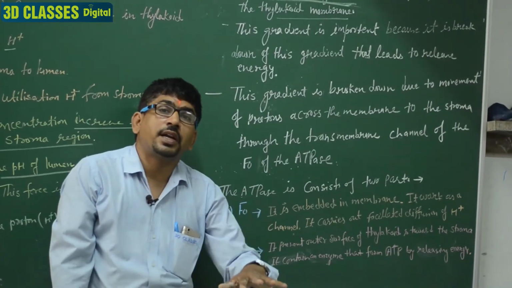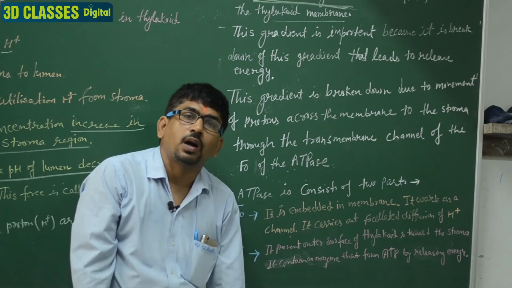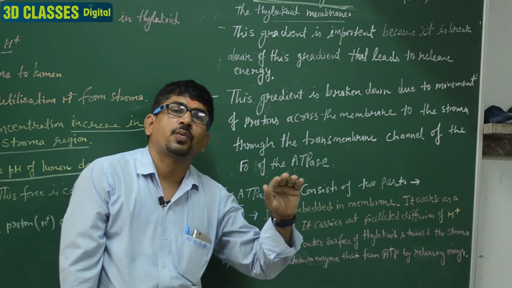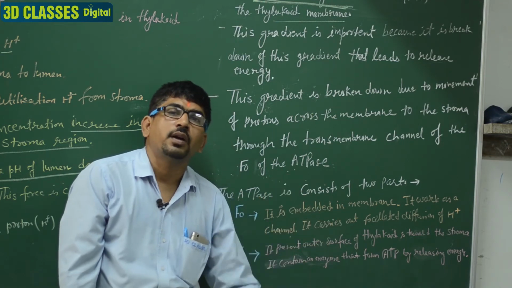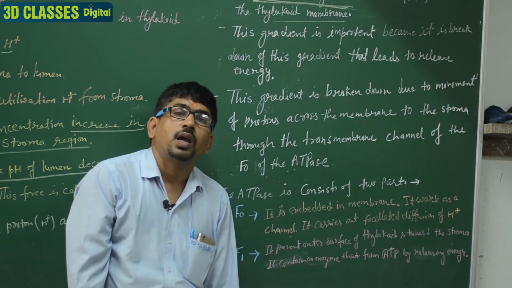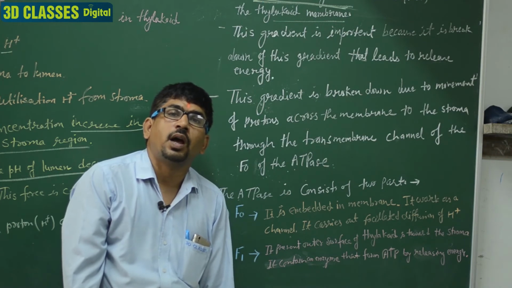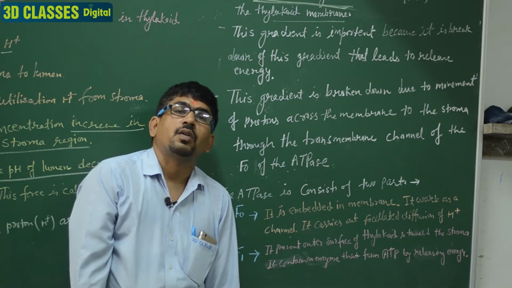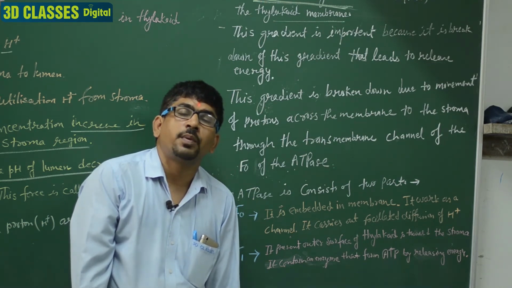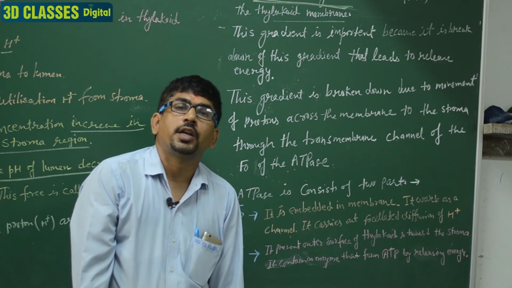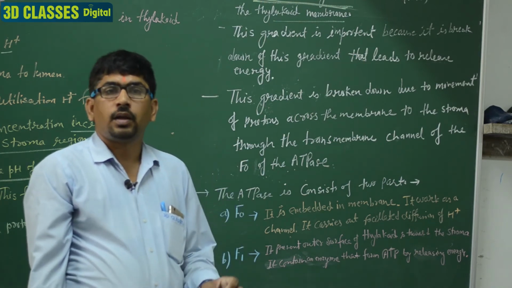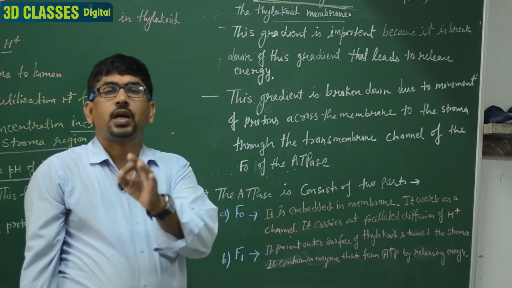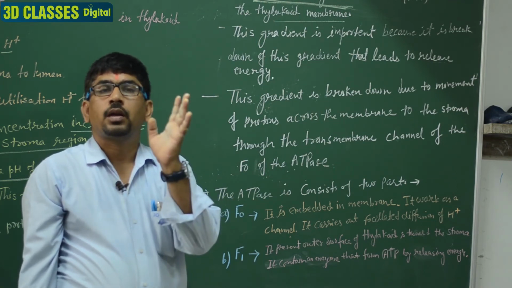When this gradient breaks down, it means the PMF, due to the PMF the protons move inside to outside, they will be sent out, and energy is released. This energy is utilized with the help of the ATP enzyme to make ATP. Clear? So the energy that the protons release is the energy that will form ATP. Clear?